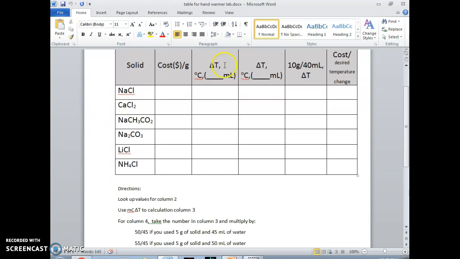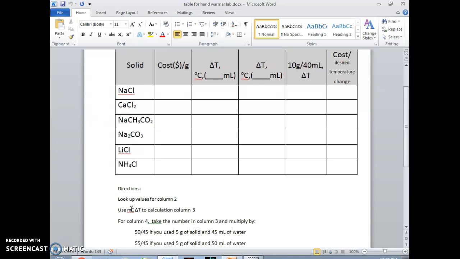So now, in column 3, you're going to use MCΔT. The only thing that's going to catch you is on the M. You're going to have to add up the mass of your chemical and the mass of the water, remembering that a milliliter is the same as a gram. So for example, if you used 100 milliliters of water and 5 grams of chemical, now please use your exact amount there.